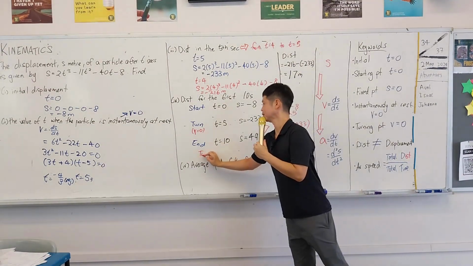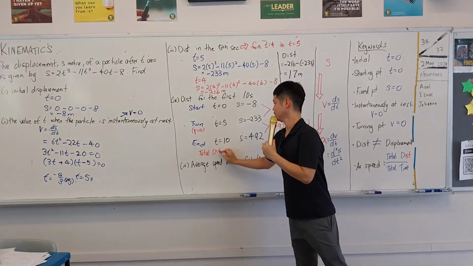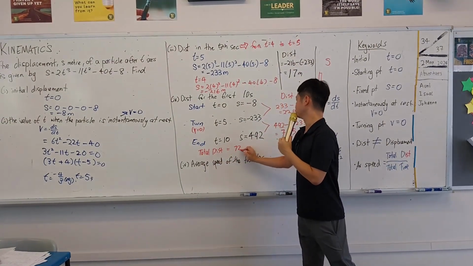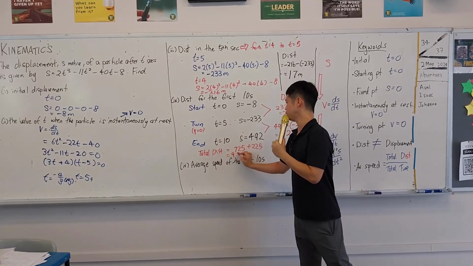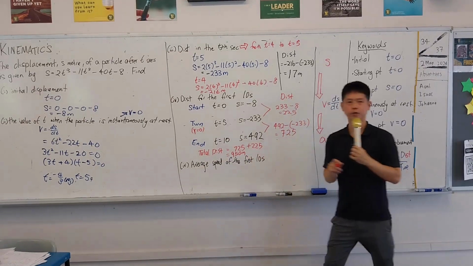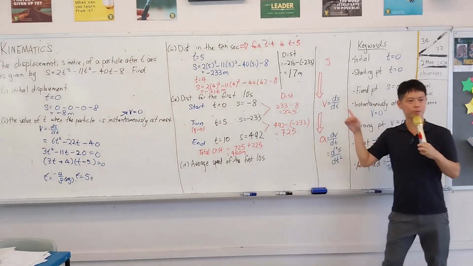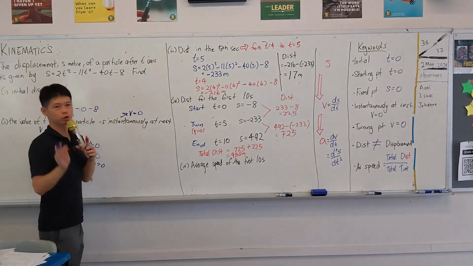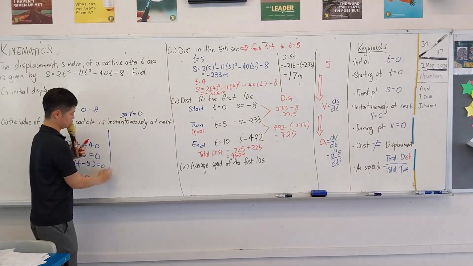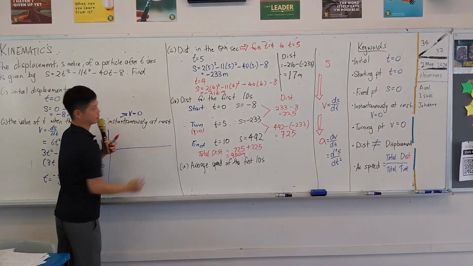Total distance right here is equals to 725 plus 225 equals to 950 meters. Okay, your question now is why are we doing this way? I'm going to draw out for you once, but please don't need to draw during exam. Okay.